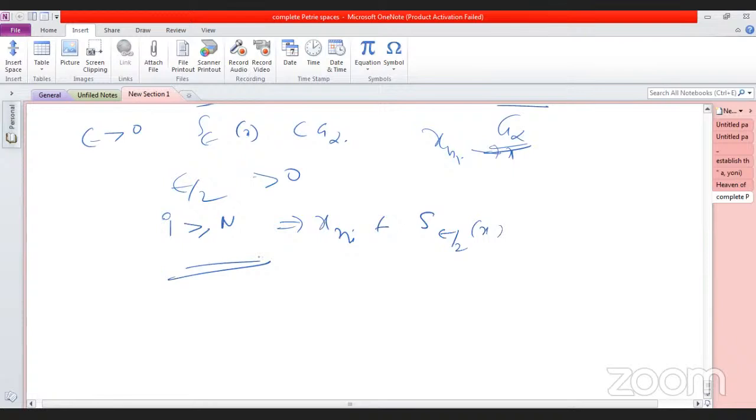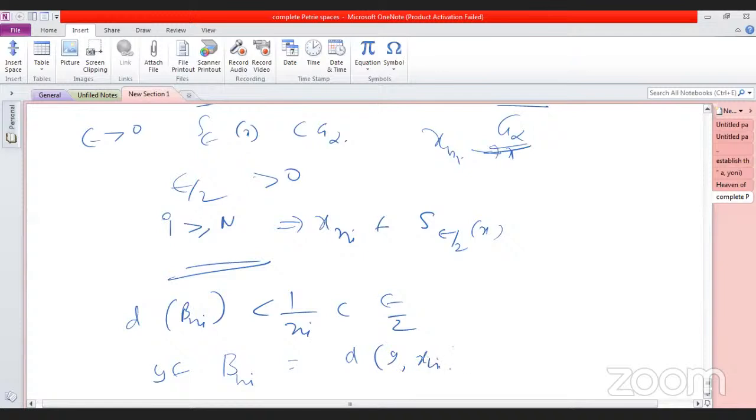x_ni belongs to S, which belongs to X. So we can further take d of B_ni, with the condition less than 1 by n_i, so that all of them are less than epsilon by 2. Now if we take y belonging to B_ni, then d of y, x_ni is less than epsilon by 2.